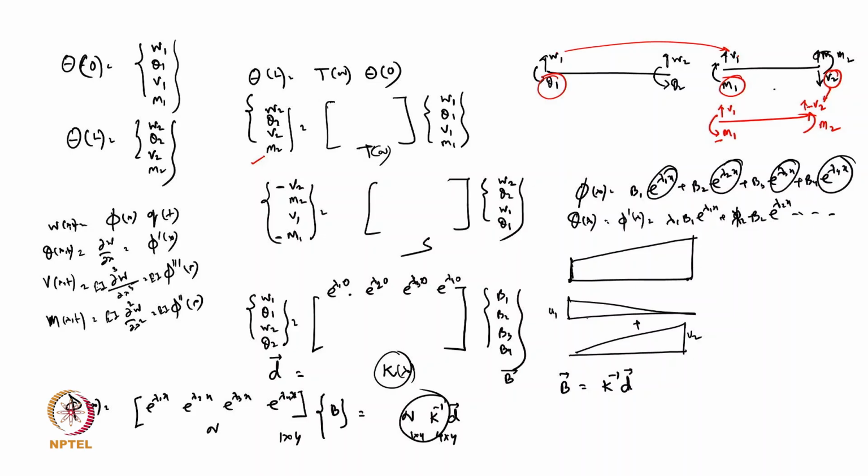The spectral element also looks very similar to the finite element, because in the finite element also on the left hand side we have the force, and on the right hand side we have the displacement, whereas in the transfer function we have the state on the left hand side versus the right hand side. So that is the correlation between the states.